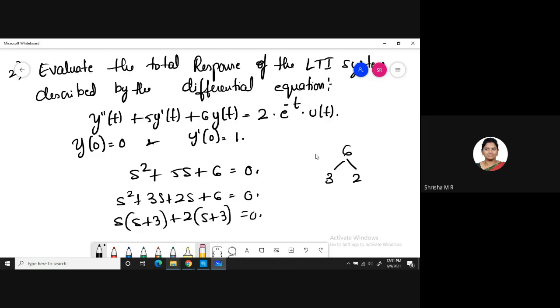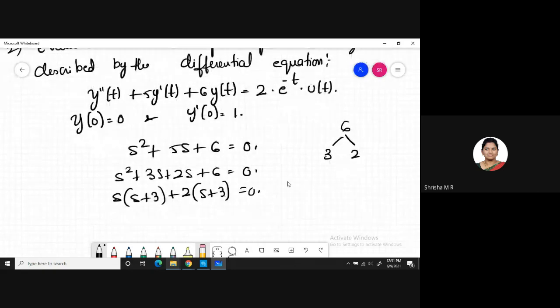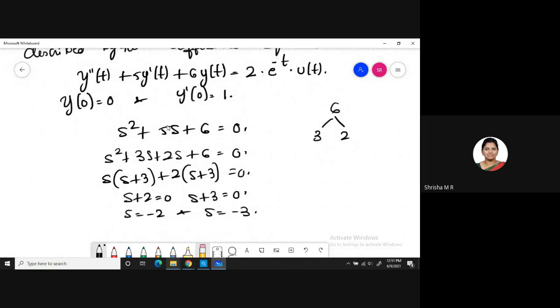So s plus 2 is equal to 0 and s plus 3 is equal to 0, giving s equal to minus 2 and s equal to minus 3. Got it? So the roots of this characteristic equation are minus 3 and minus 2. Did you get this?